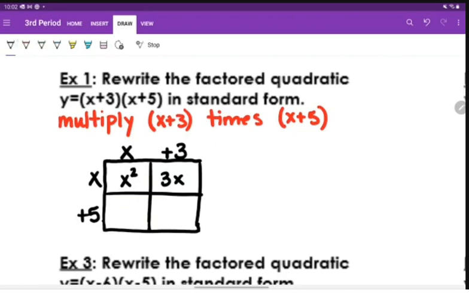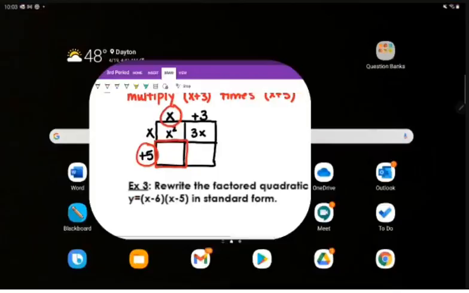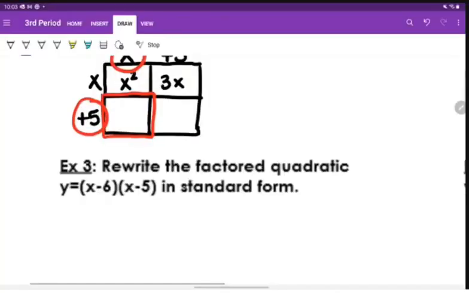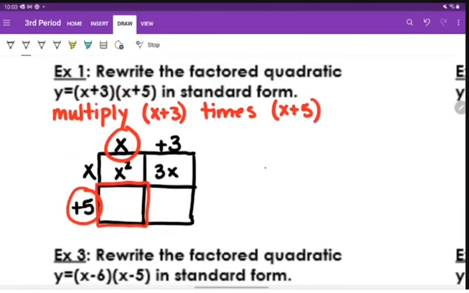Now for the bottom left pane, we're going to be multiplying together positive 5 times x. Well, the number and the variable can't really combine, so we just have to leave them separate and write it as 5x.